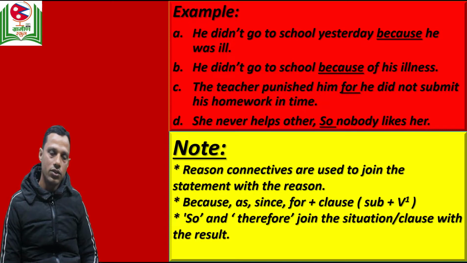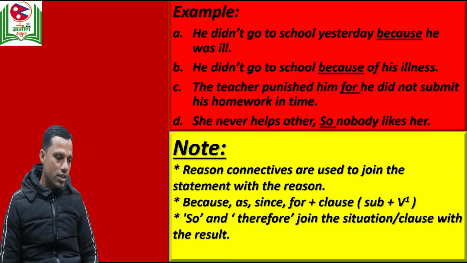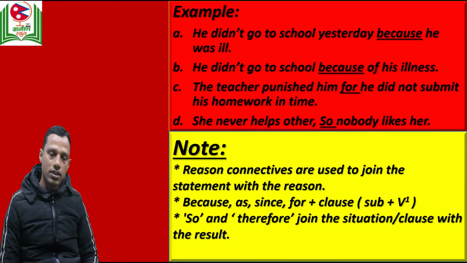And do you have any idea about clause? Yes, a clause is a part of a sentence that has its subject and verb, right? It means a part of a sentence having a subject and verb of its own is simply known as a clause. So you can see this in the above example. And the last point we have, so and therefore join the situation or the clause with the result.